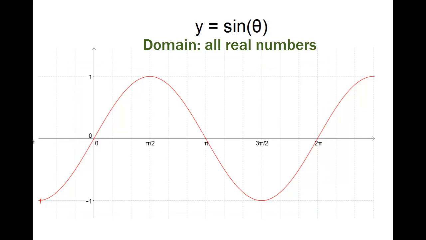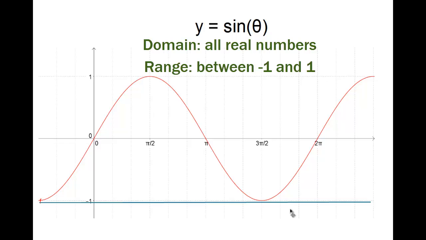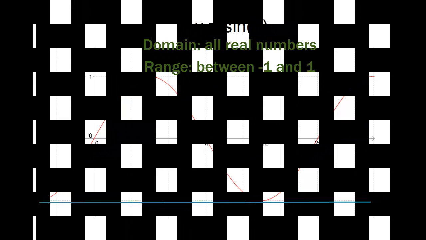And it has a domain of any real number. We can put any value we want in for theta, and we are always going to be able to take the sine of that. And the output, the range, is going to go between a maximum of +1 and a minimum of -1. So what we see on the unit circle matches up with the actual function that's created.